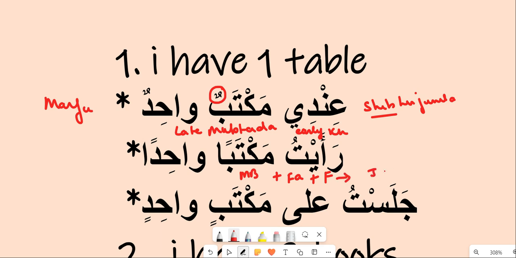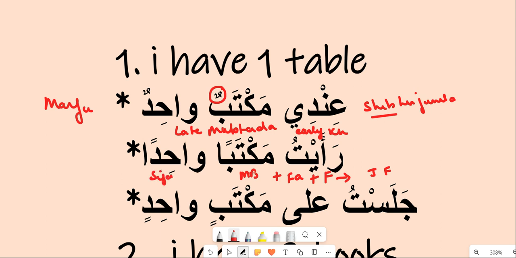So this is the formula for jumla failiya. If you don't understand what I'm writing here, jumla failiya, what I'm doing here with the formula fail, fail and maf'ul bihi, you can watch my Quranic Arabic playlist. I have done this in my lesson 3, video 3. So you can find all these rules there. So ra'aytu maktaban wahidan. This is sifa for maktaban.